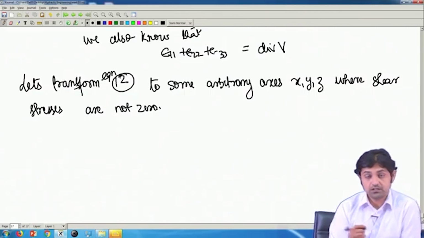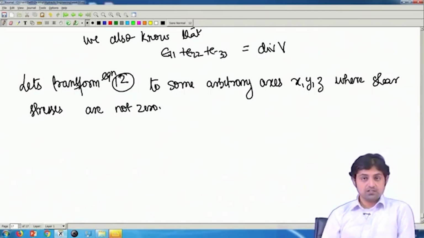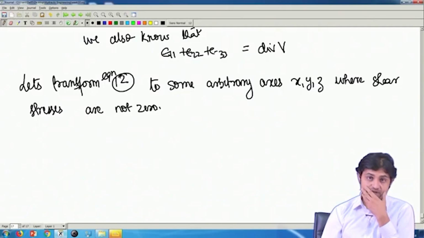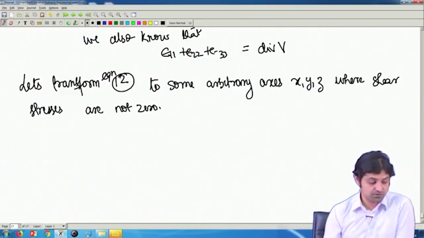So earlier we have assumed an axis where the shear stresses and shear strains used to vanish, but now since we have transformed into some arbitrary axis where these might not be 0. Okay.